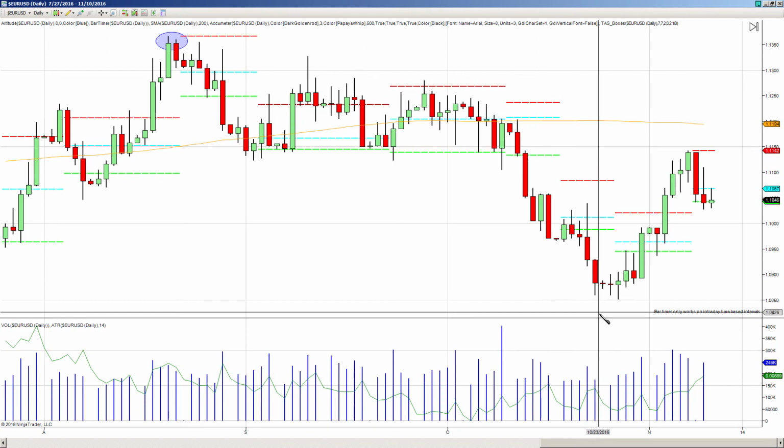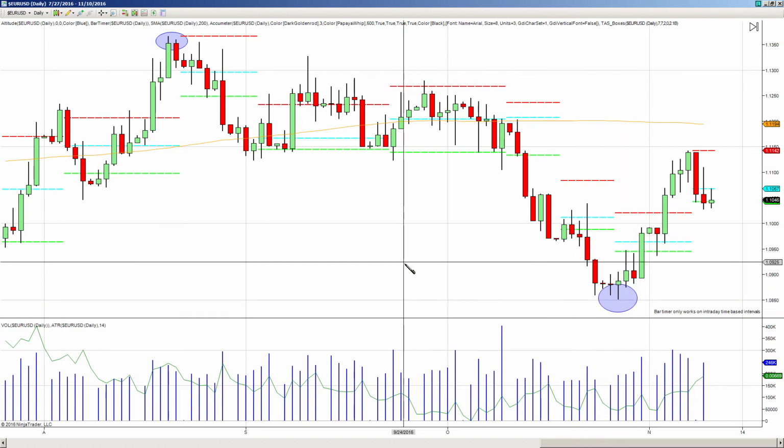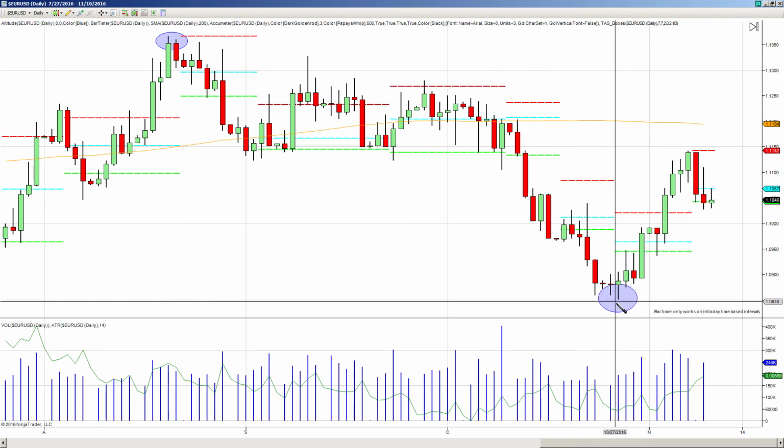Similarly, we look at the more recent one here, and this is the level where traders agreed as a whole that this is low enough. Where there's going to be support in the market. There's traders flooding into this market at this point saying that's low enough. We're ready to buy as a whole.